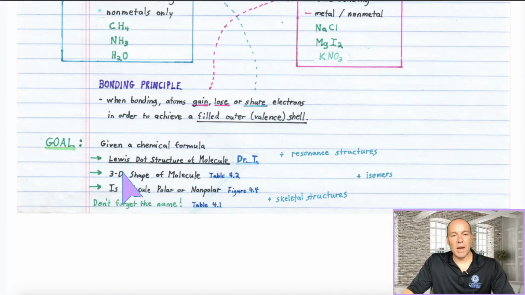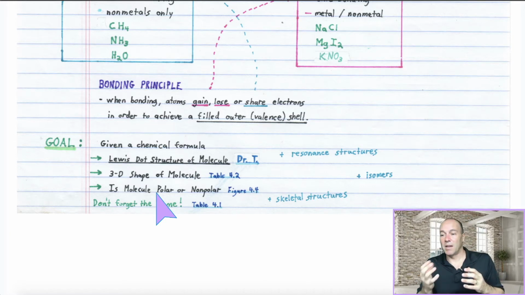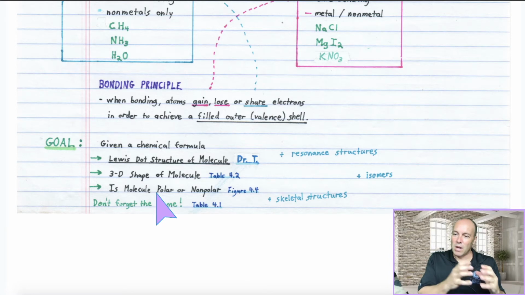And after you have the three-dimensional shape of the molecule, you can then determine whether or not the molecule is polar. Is it polar or nonpolar? Polarity describes whether or not the molecule has a positive side or a negative side. Sometimes more electrons collect on one side of the molecule versus the other side.